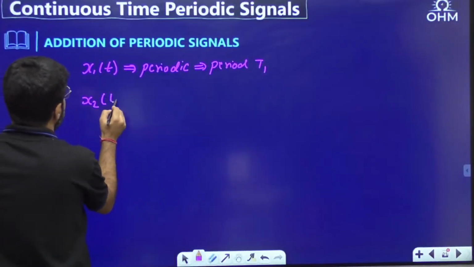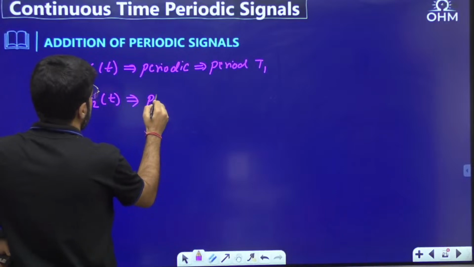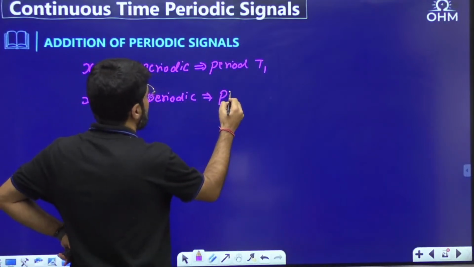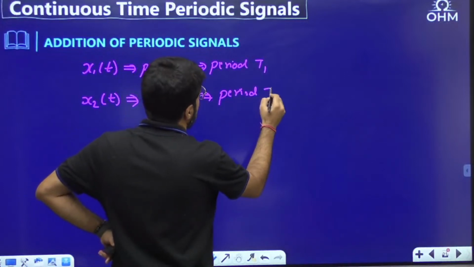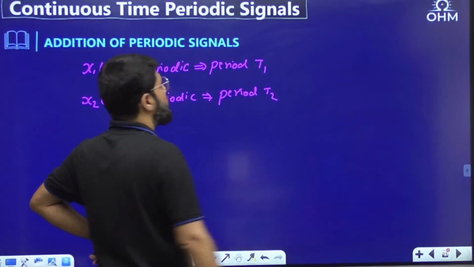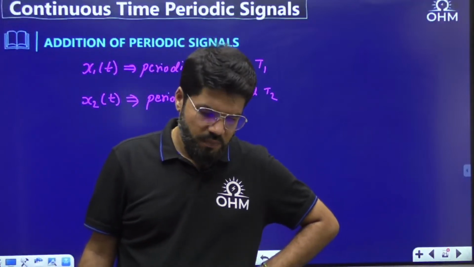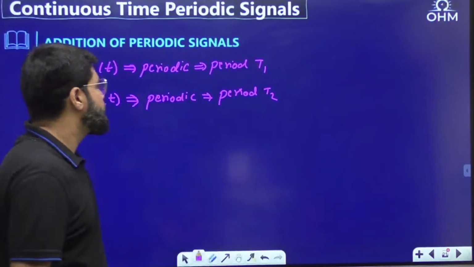I take another signal x2(t), which is also periodic, having the period T2.